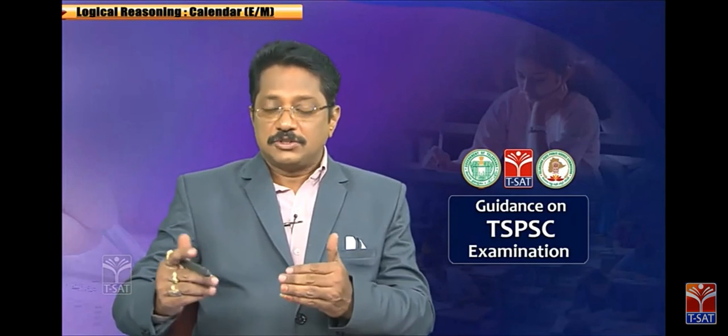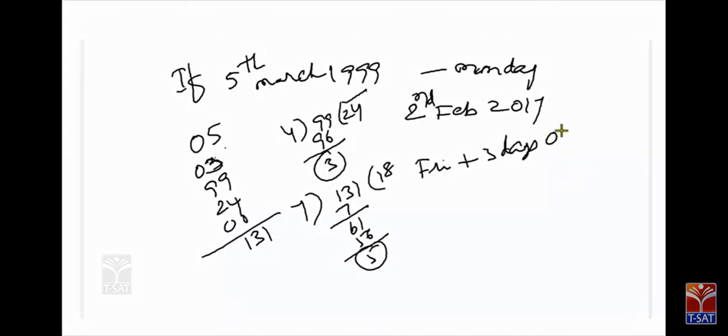So the same procedure. First you write 02, the date, correct? Next, for February the month code is 3, and the last 2 digits of the year are 17, correct? And the century code is 6.